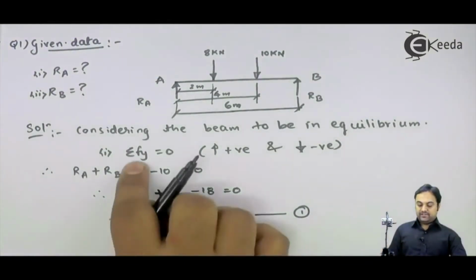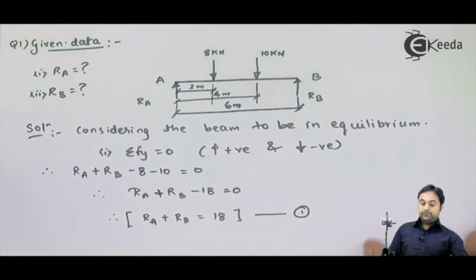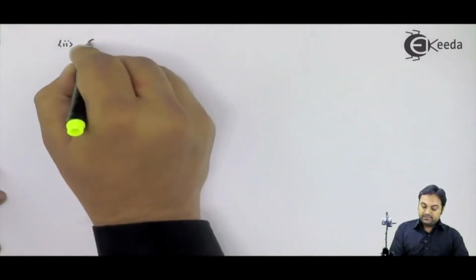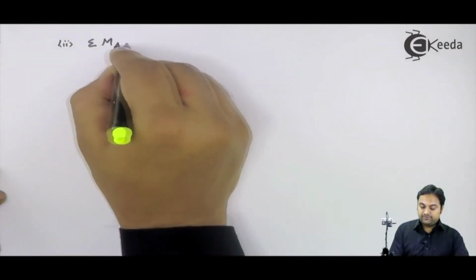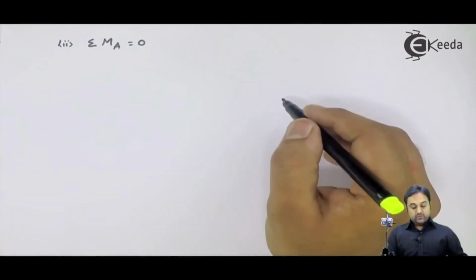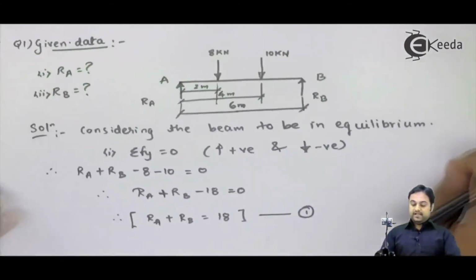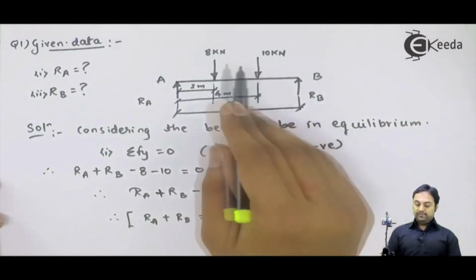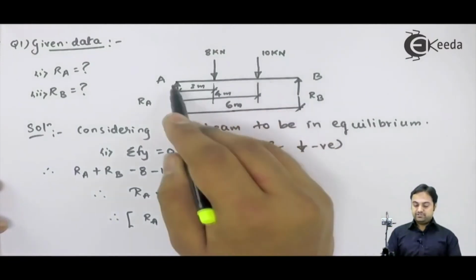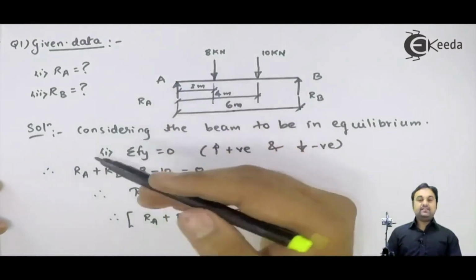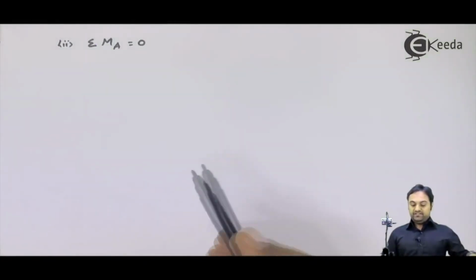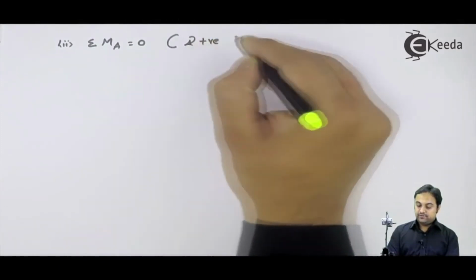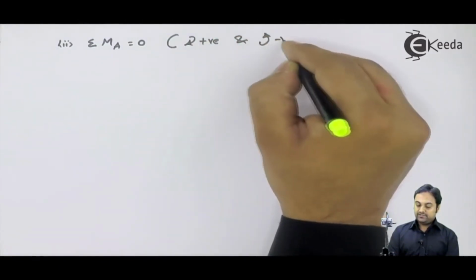Next, after writing summation of Fy, I would be using the second condition of equilibrium, in which I will say that the sum of moments of all forces about A is equal to 0. Since I have forces here and they are at a distance, I will be calculating the moment produced by the forces at point A. In summation of moments, I will be taking all clockwise moments as positive and all anti-clockwise moments as negative.